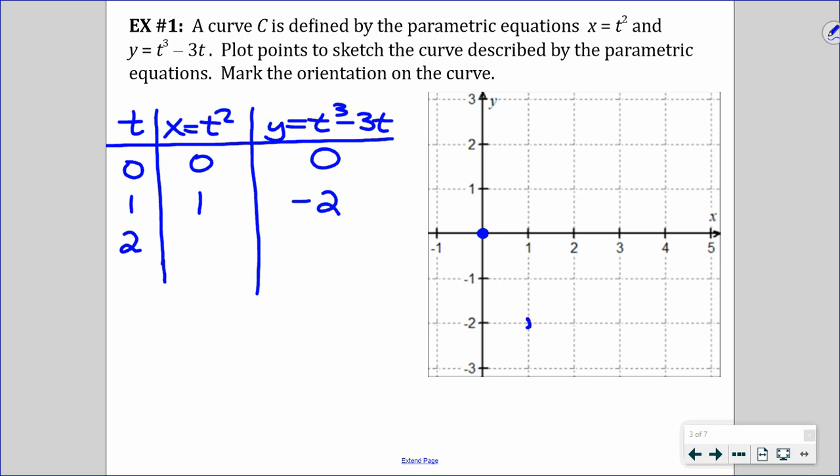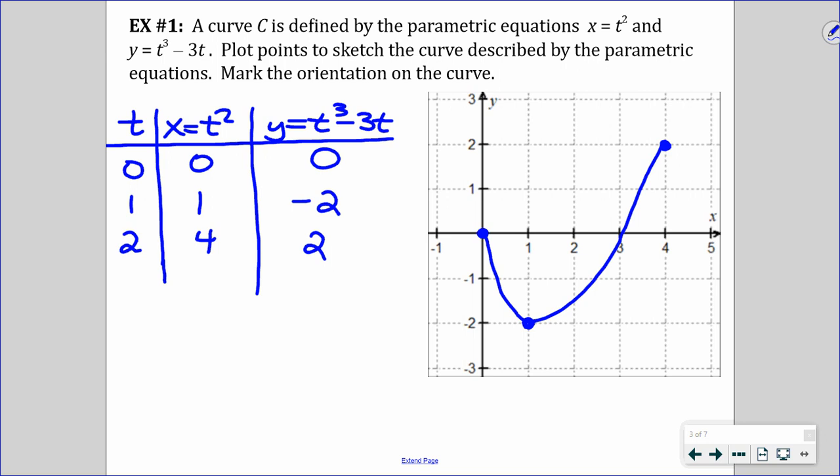So 1, negative 2 is here. Then if I plug in a 2, 2 squared is 4, and 2 cubed is 8, minus 3 times 2, so 8 minus 6 is 2, and so then I'll plot the point 4, 2. Then we're going to connect the points to make the curve.